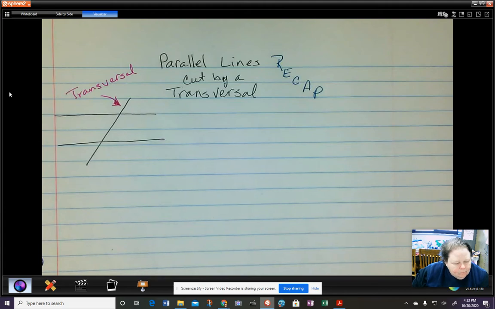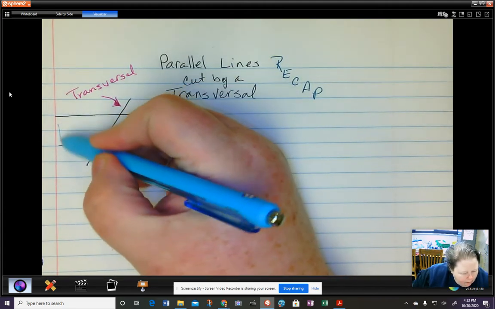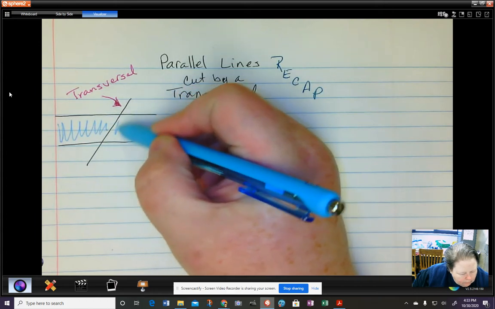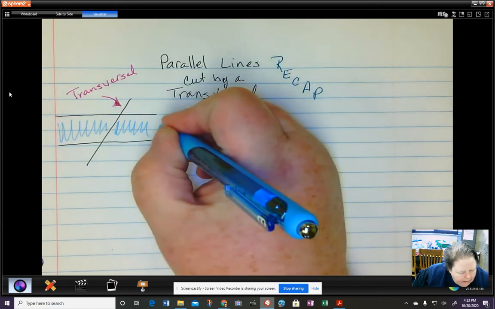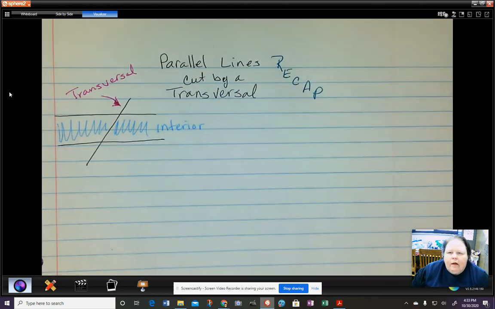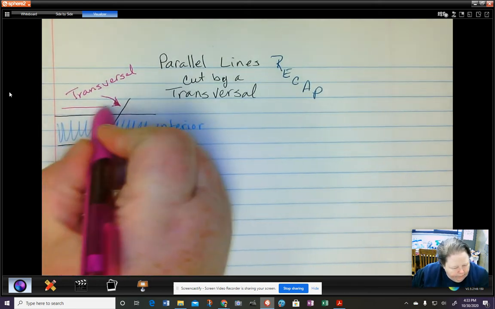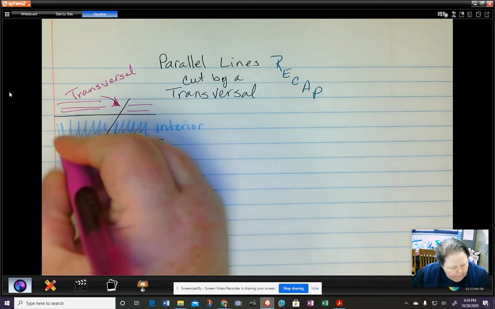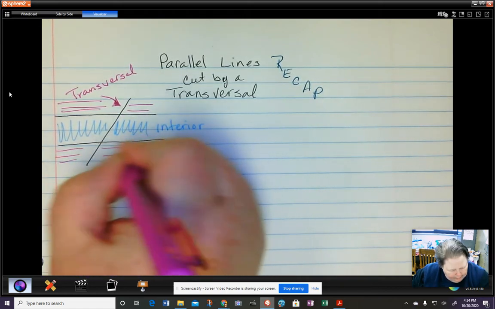So when we talk about the inside, this is the interior of a pair of parallel lines. This is the exterior. And we have two parts to the exterior, the top and the bottom.